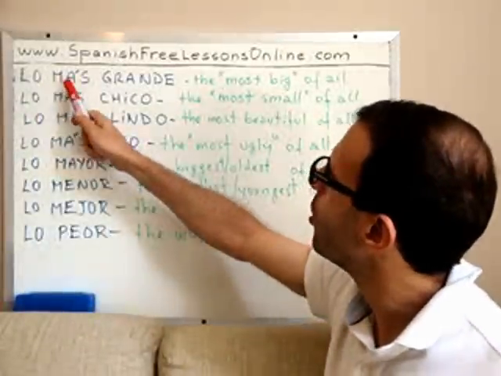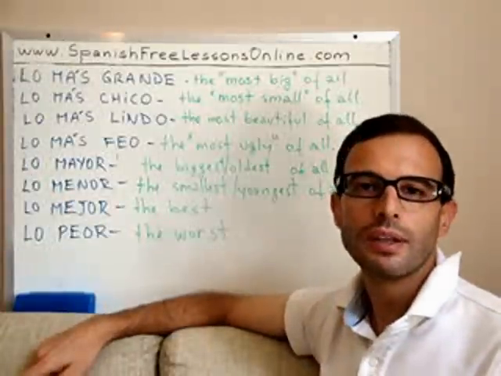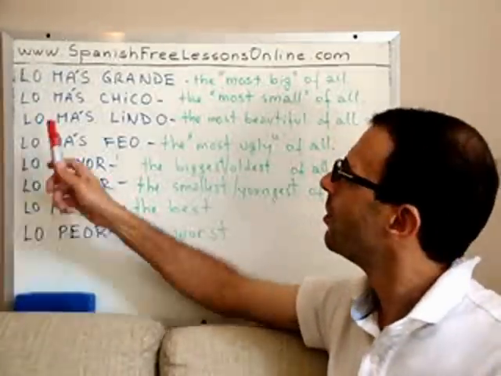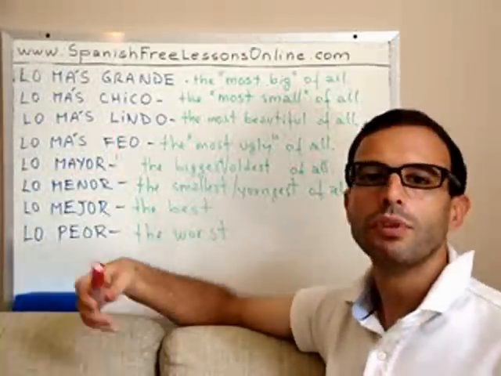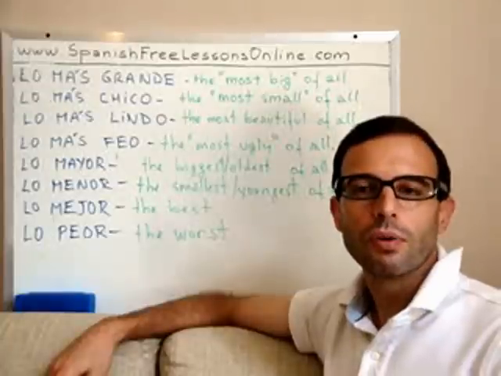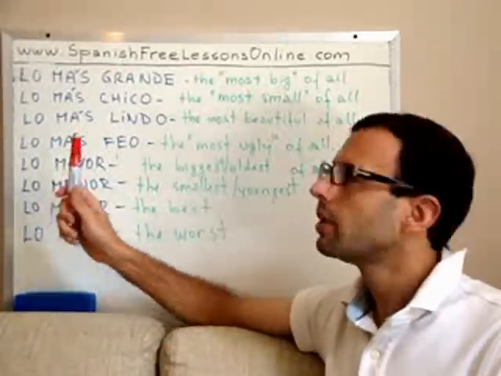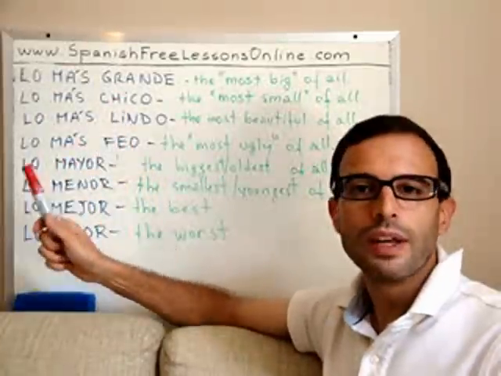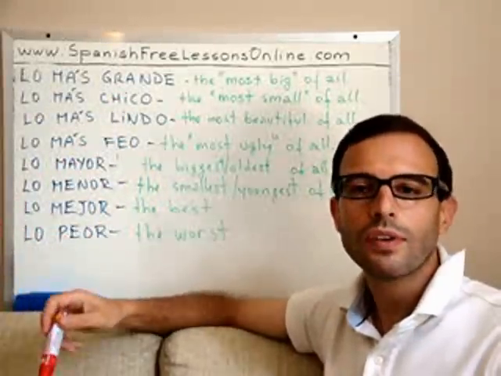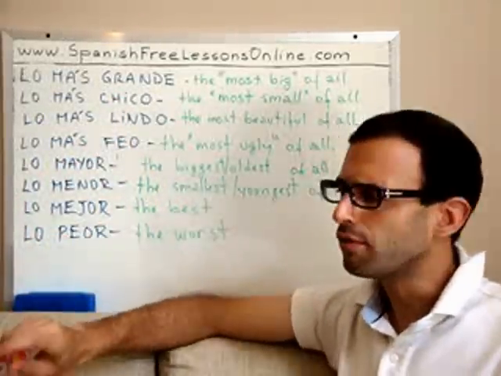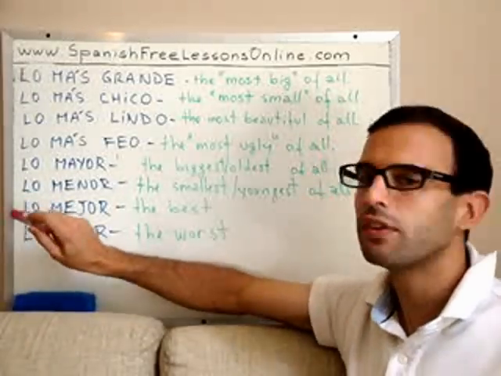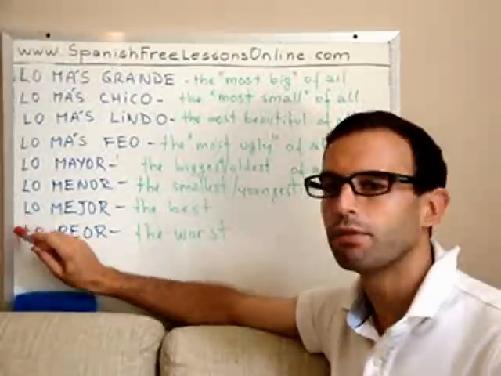Same thing for lo más grande, okay? Or lo más lindo, the most beautiful thing, okay? So when the object it's referring to is something abstract and not something specific, like this is the biggest, or this one is the most beautiful, right?